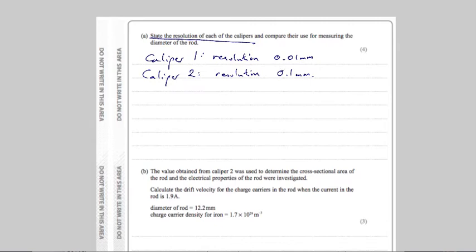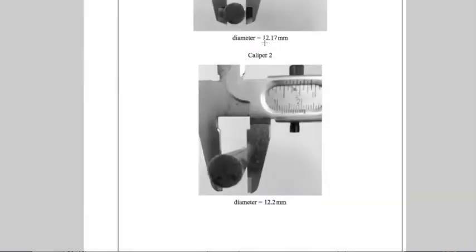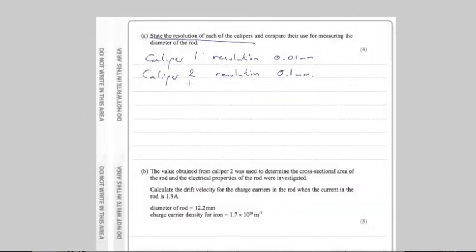Now, the measurement is pretty much the same in both cases. It's the same iron rod we're measuring, so the uncertainty will depend on the resolution. So caliper 1 has lower uncertainty.